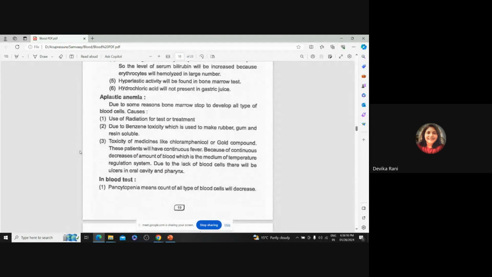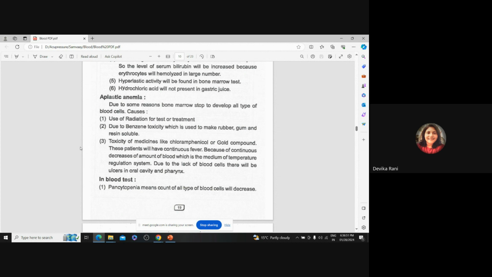Now we have aplastic anemia. Due to some reasons, the bone marrow stops developing all types of blood cells or reduces it to quite an extent. Now, what causes this? If there is use of radiation for tests or treatment like chemotherapy, or if you are in a place where there is a lot of radiation, that affects the bone marrow.